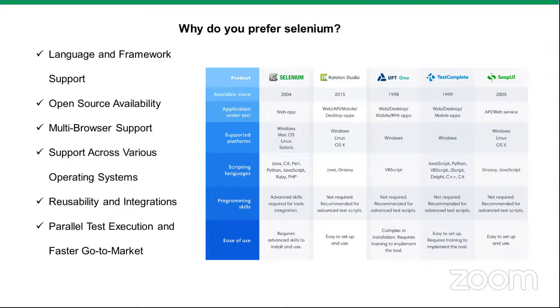Selenium also has parallel test execution capability. All these capabilities help bring a faster go-to-market for any project. These are some of the main reasons why we prefer Selenium, and why we should use Selenium in any project.